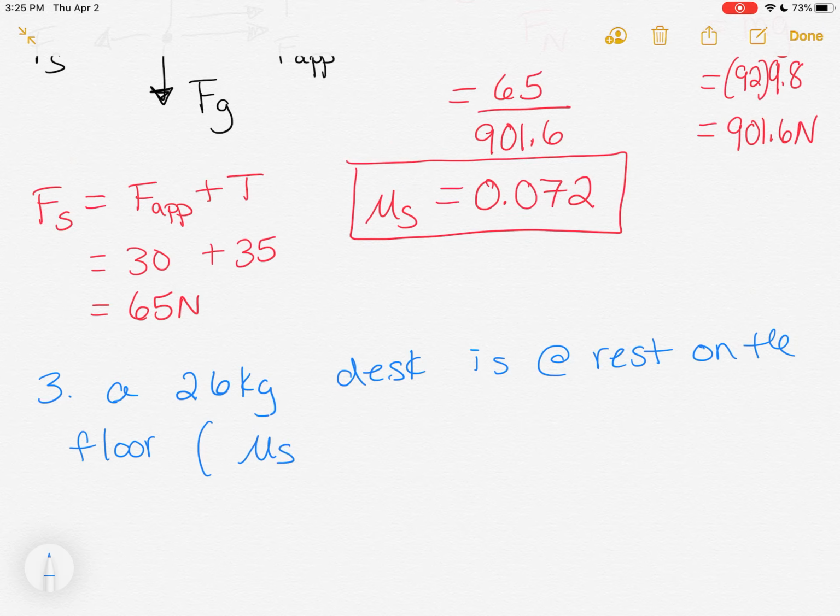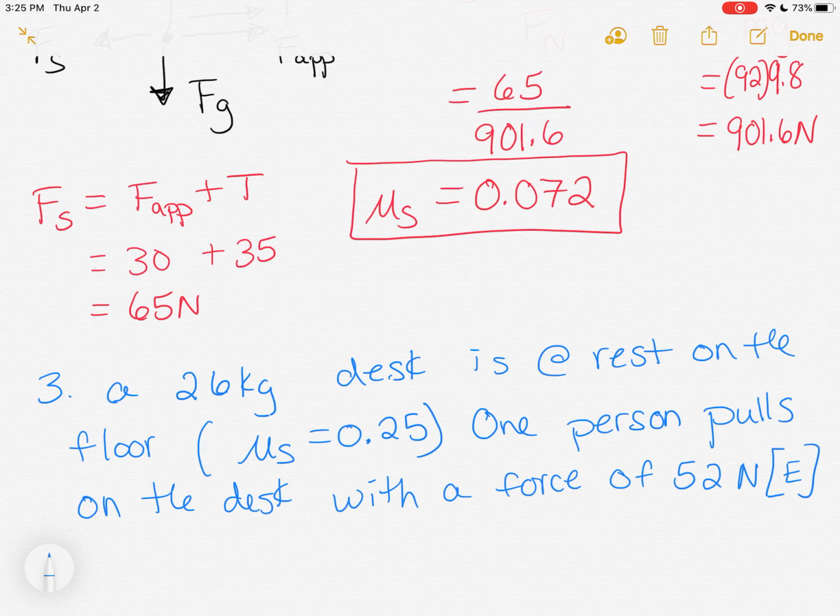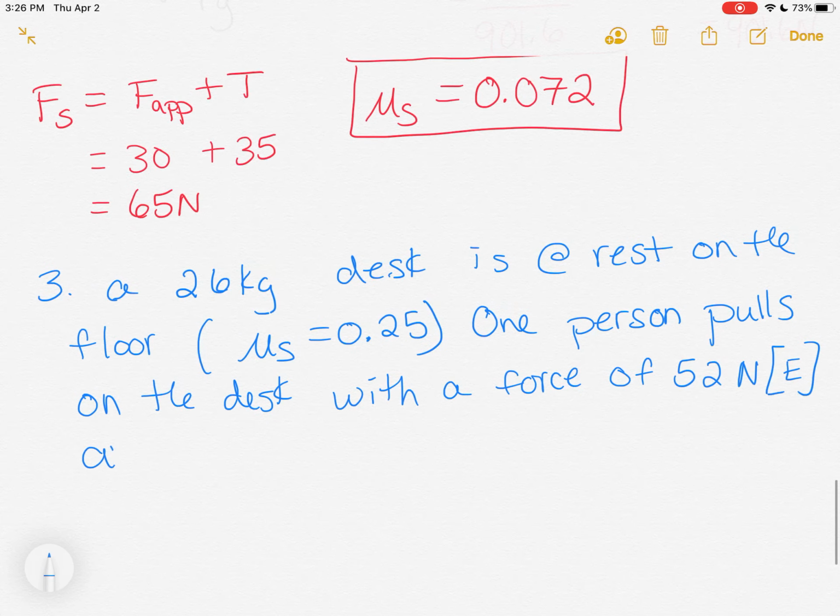We're given that the mu s between the desk and the floor is 0.25. So we have the coefficient. One person pulls on the desk with a force of 52 newtons to the east.